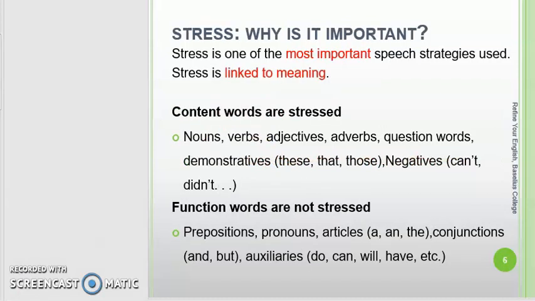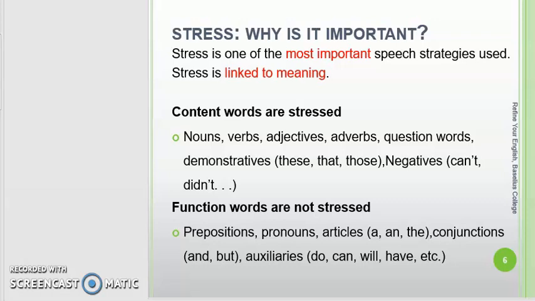The next vocal feature is stress. Why is stress important? You stress at the right places so that you convey the right meaning to the listeners' minds. All the content words like the nouns, verbs, adjectives, adverbs, question words, demonstratives like this, that, those, and negatives like can't are usually stressed.